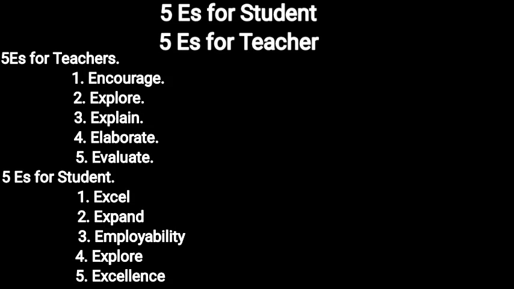These 5 E's help teachers understand what their obligations, responsibilities and accountabilities are. And these 5 E's for students sum up the obligation and responsibility of every student to follow. If you are not going to follow this, then you are going to be a haphazard teacher, a haphazard learner.